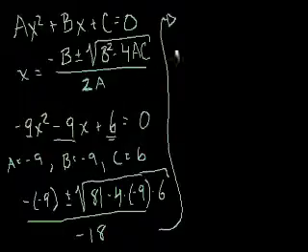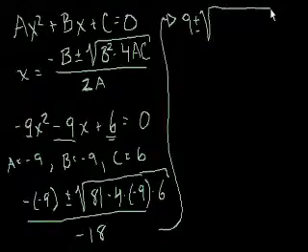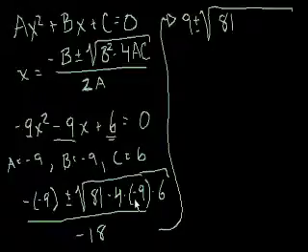Well, negative 9, that's positive 9, plus or minus the square root of 81. Let's see, this is negative 4 times negative 9. Negative 4 times negative 9 is positive 36.